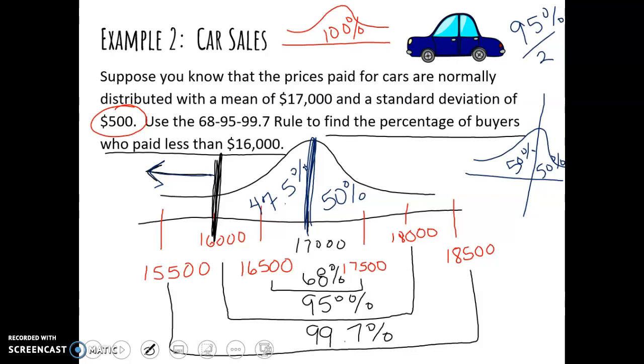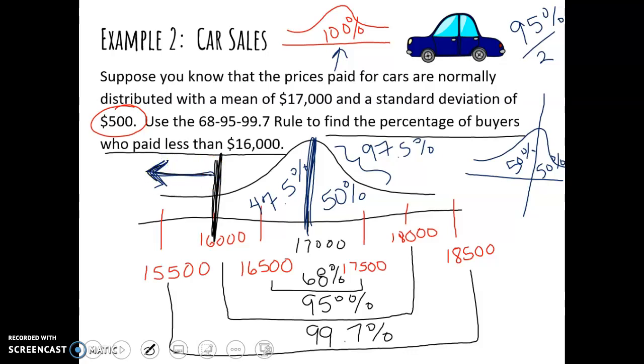And 17,000 and up to the highest price of a car is 50% of the data. Altogether, that's 97.5% of the data. Well, if I know that the entire curve is 100%, how much more do we need to make 100%? And that's what goes over here.